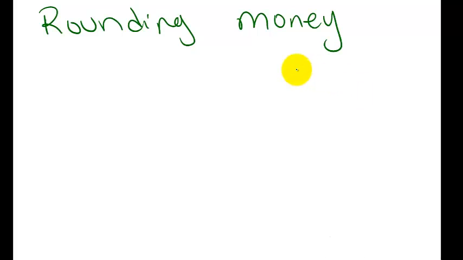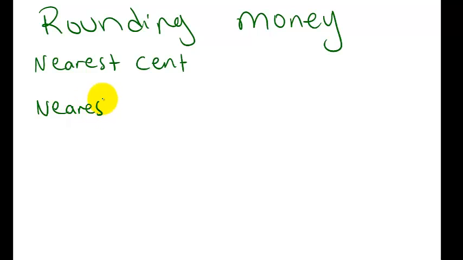Okay, rounding money. With money, we can get two questions: either nearest cent or nearest dollar. They're two very different cases.